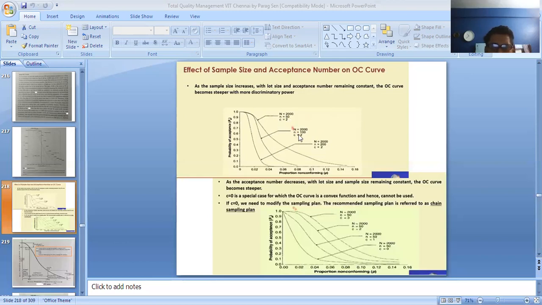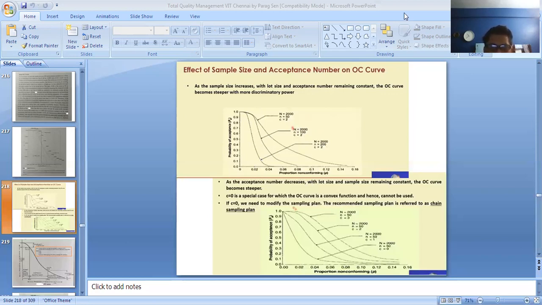But small n, that means the sample size, you are increasing. As the sample size increases, the OC curve is becoming steeper and steeper. This is very steep. You can see it will become steeper and steeper.